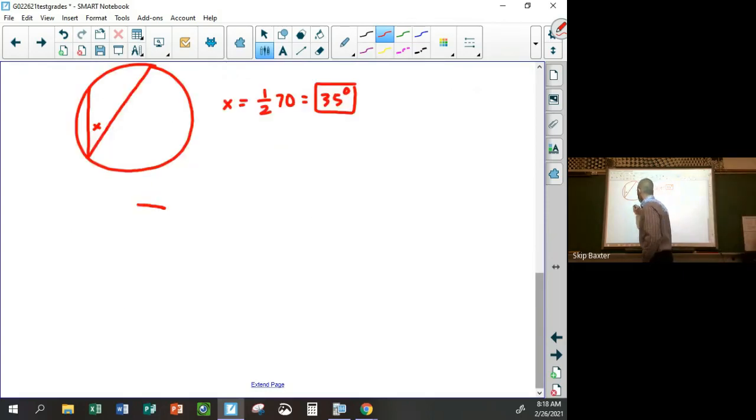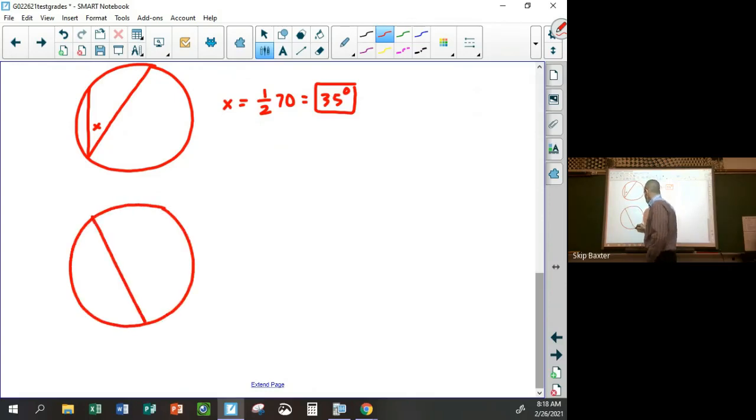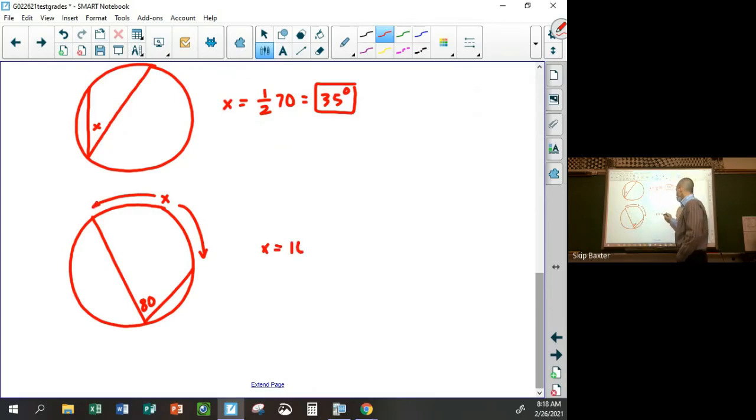And if they gave you the angle, so like say they said this was 80, find this arc, you say x is 160. Because you take half of x, you get 80. So x would have to be double of 80.